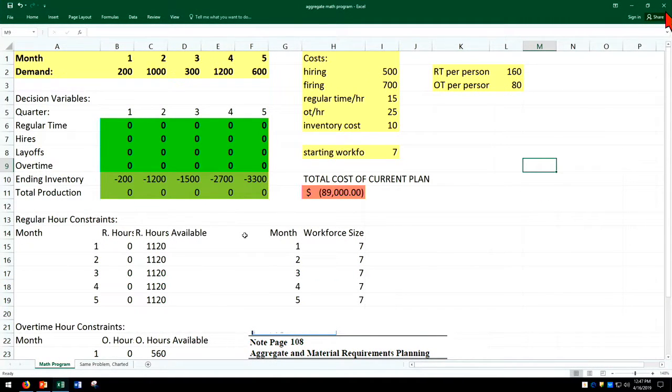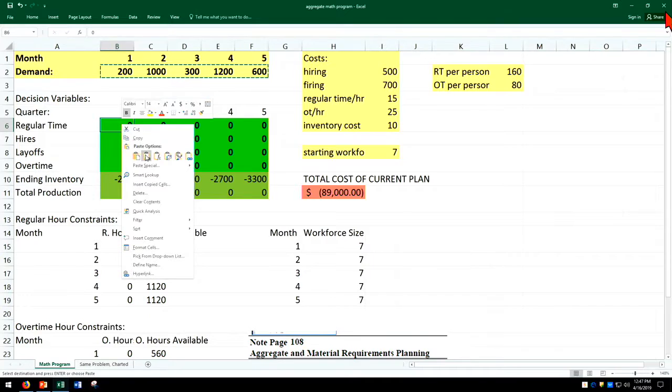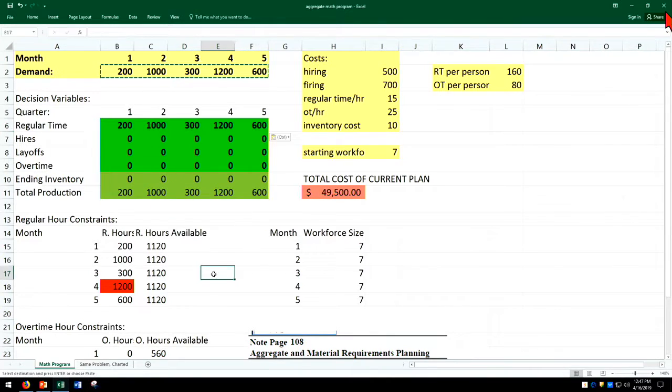This is from UB Learns, and this is all that same information, set up a spreadsheet. Because I just need a plan, right? This is the forecast right here. I could, for instance, just say, you know what, I'm going to chase demand in regular time. So what I did was I pasted the forecast into the regular time row.